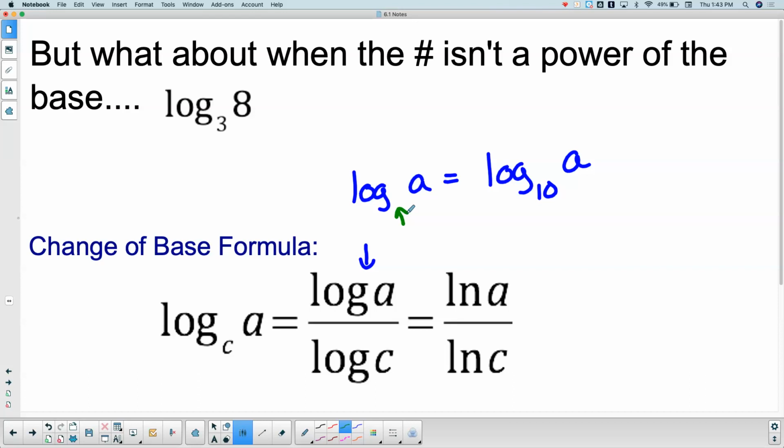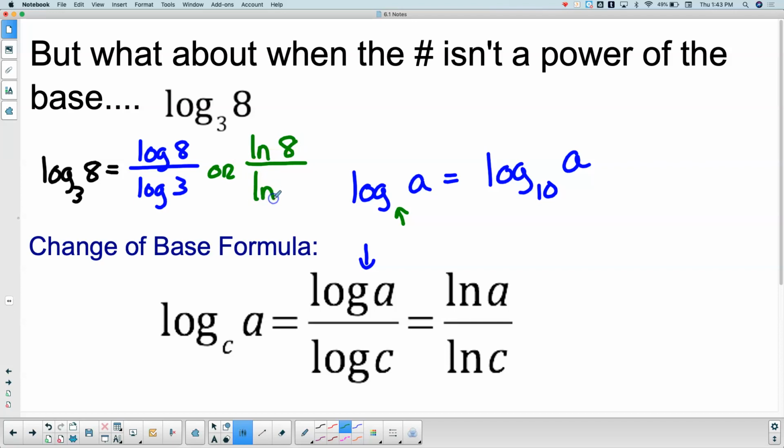So with that being said, if I were to evaluate log base 3 of 8, I would say that that is either log base 10 of 8 divided by log base 10 of 3, or the natural log of 8 divided by the natural log of 3.